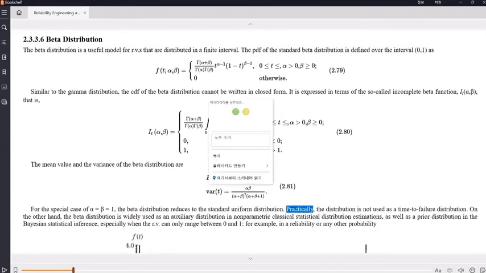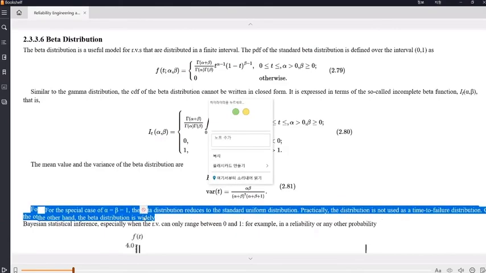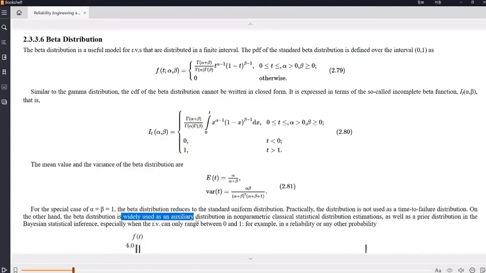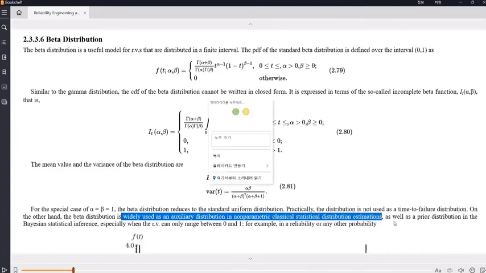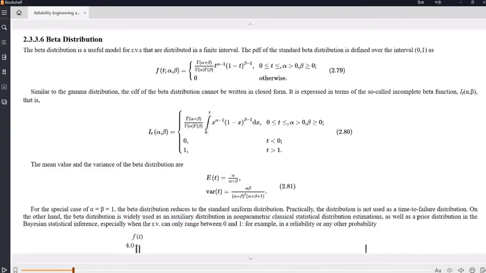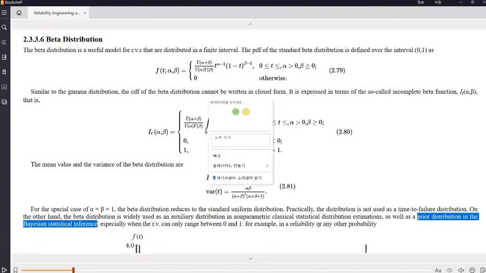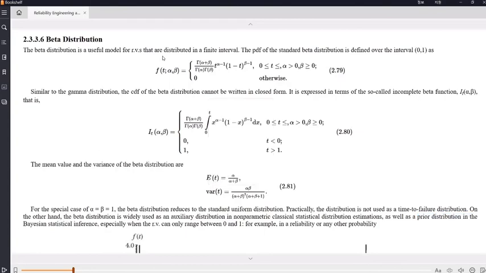So practically, this beta distribution is widely used as an auxiliary distribution in non-parametric classical statistical distribution estimations, as well as a prior distribution in Bayesian statistical inference. So the beta distribution is widely used. First, it is useful as a distribution when the random variables are confined in a finite interval.